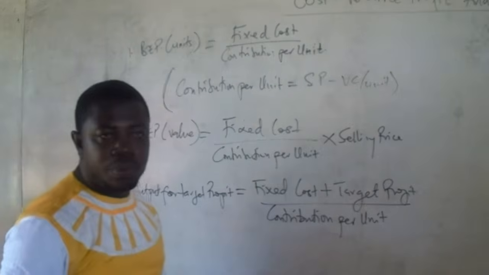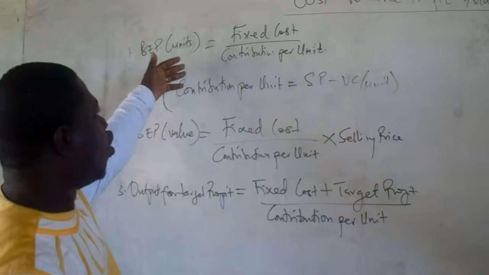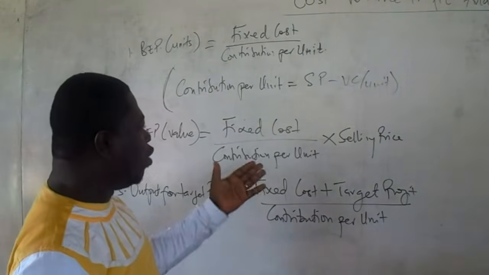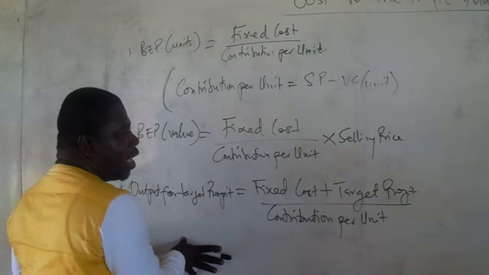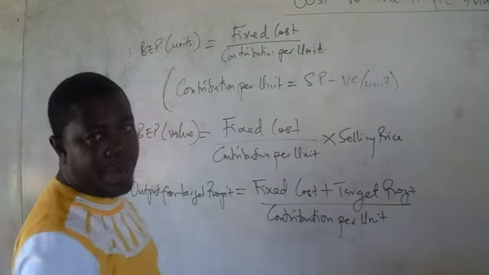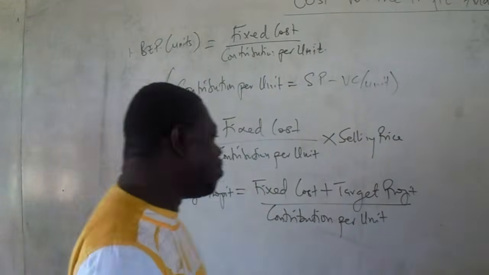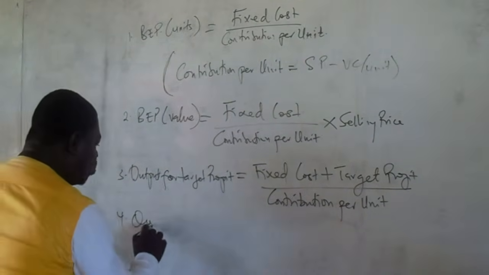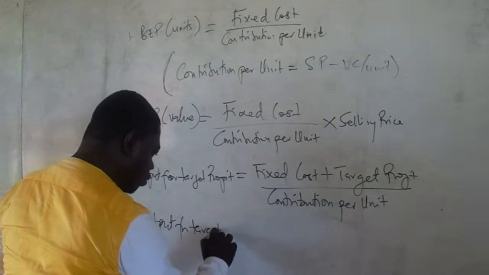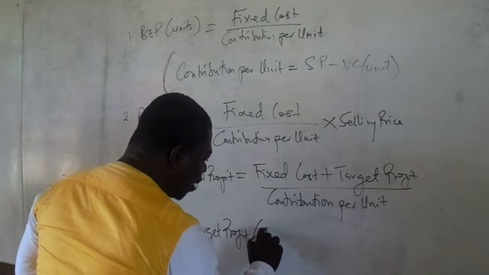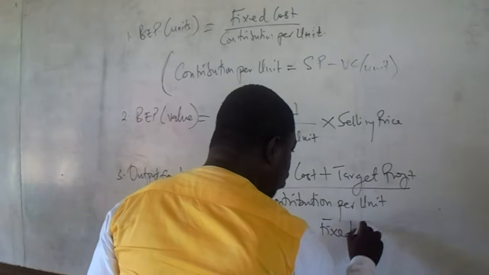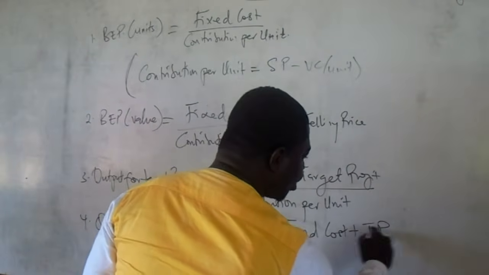Just as we were able to look at it for the break-even point in units, we are also able to look at it for value. The same way we can look at it that we want a target profit, but this time around we want to look at it in value. And so the same formula will apply, but this time around it will apply with your selling price. And so the output for target profit, this time if you want it in value and not in units, it's still going to be your fixed cost plus your target profit.